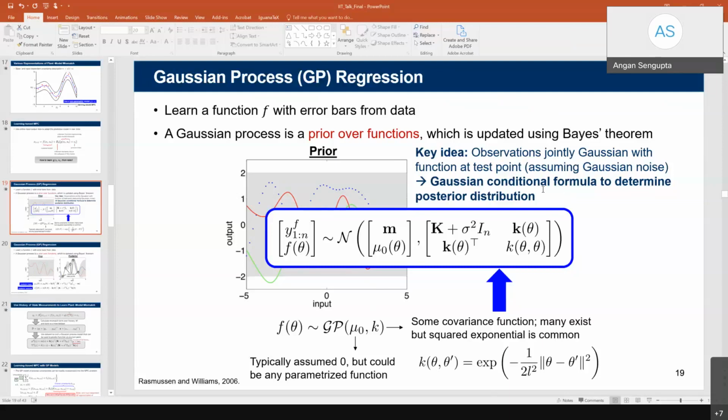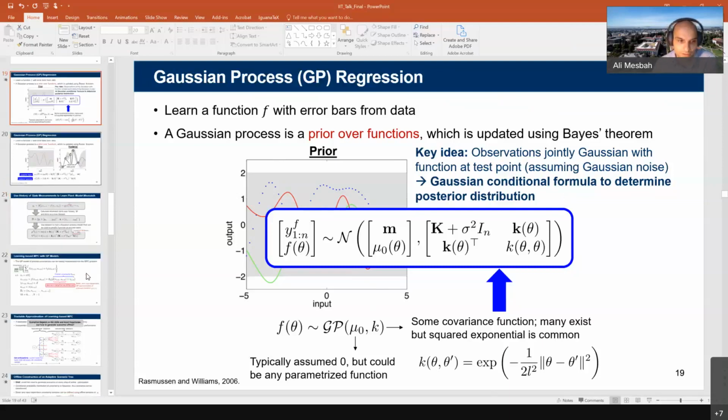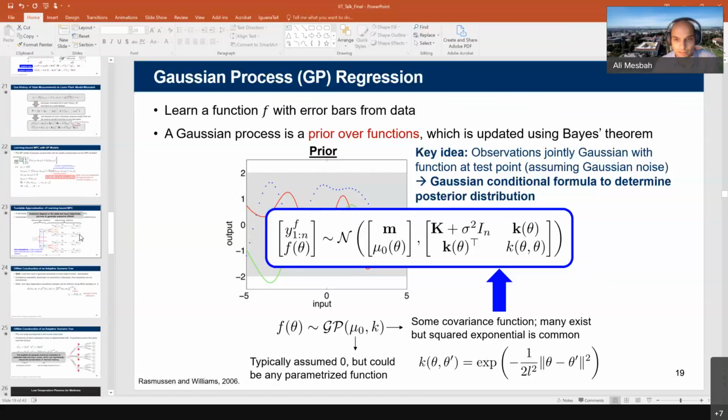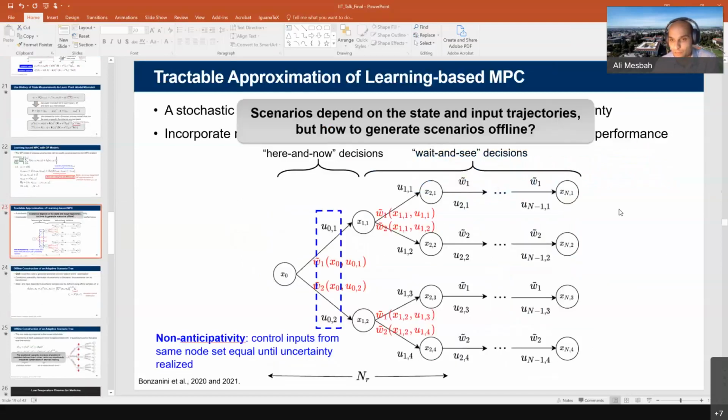Yes. Great question. There are various propagation methods. For example, my lab has extensively investigated polynomial chaos approaches, unscented transform approaches, and so on. What I presented in this talk is propagating the stochastic uncertainty using the scenario tree.